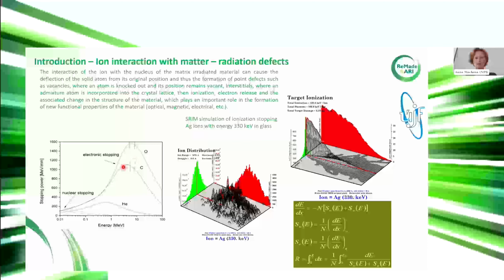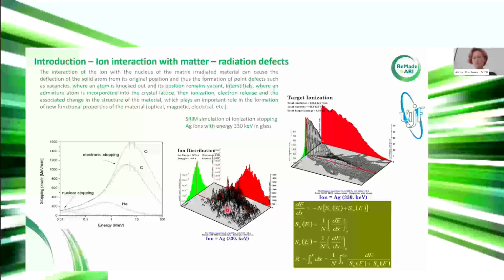So here you can see how electronic stopping and nuclear stopping depend on energy. As the ion is heavier, like oxygen and carbon, you see that electronic stopping is increasing, but at an energy of about 1 MeV the nuclear stopping, the collision processes, are strongly depleted. On the other hand, at low energies it is the opposite, and nuclear stopping is taking place.